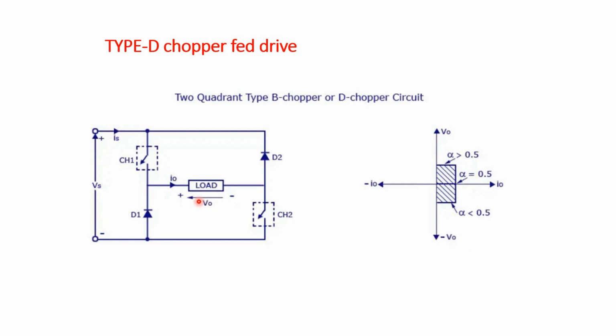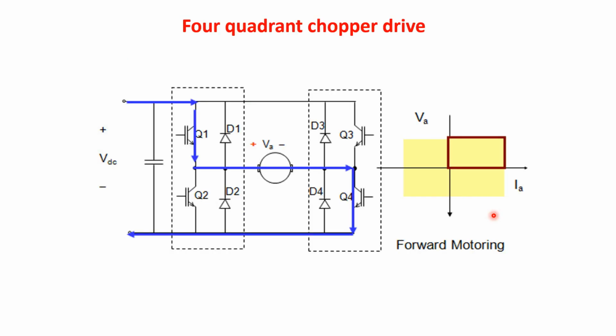The direction of the load current will be always positive. Hence, in type D chopper, the voltage V0 may be either positive or negative, but the current I0 will be always positive. Next, we have 4-quadrant chopper drive or type E chopper.